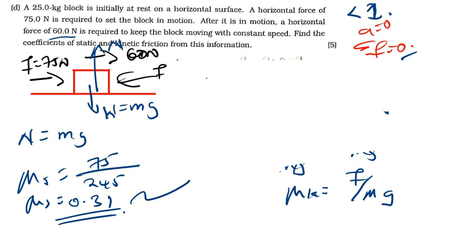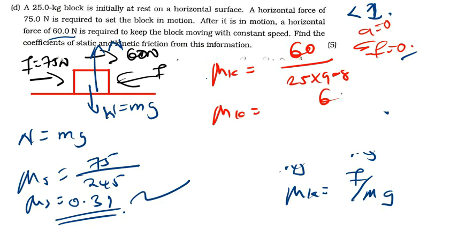So there we go, guys. Mu k is equal to the applied force, which is 60, divided by mg, where m is 25 times 9.8. So the mu k is 60 divided by 245.